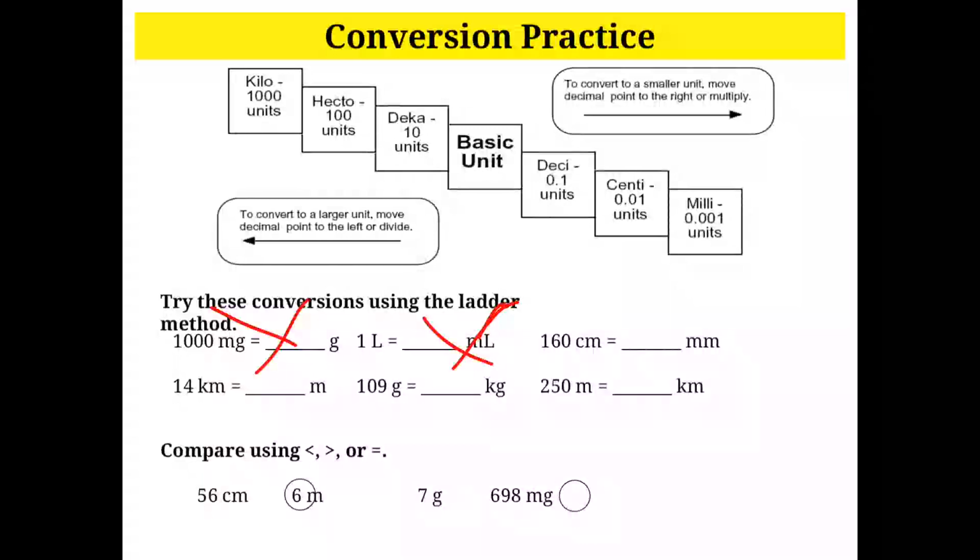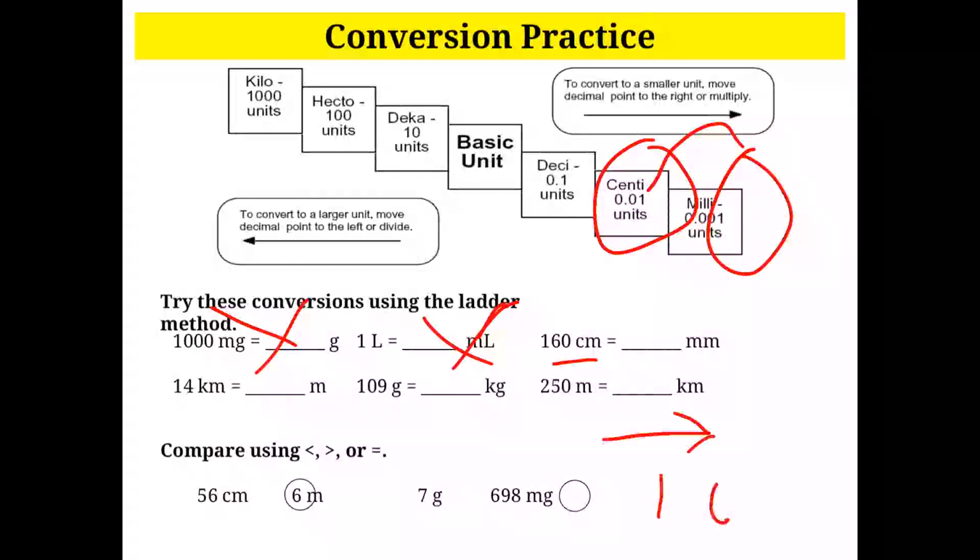And the next one, 160 centimeters. We're going from centimeters, which is here, to millimeters, which is right there. So we're moving 1 spot to the right, so the decimal would move 1 spot to the right. Now instead of 160, it's 1,600. That's supposed to be a 6, by the way. 1,600.